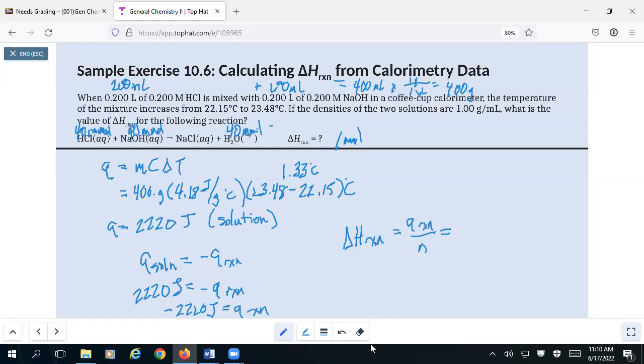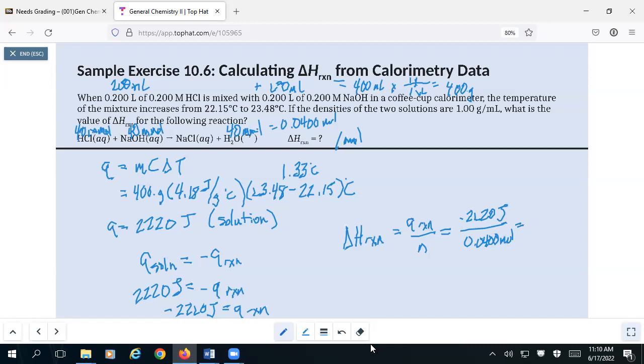40 millimoles is the same as 0.0400 moles. And so now we can take that negative 2,220 joules divided by our 0.0400 moles.